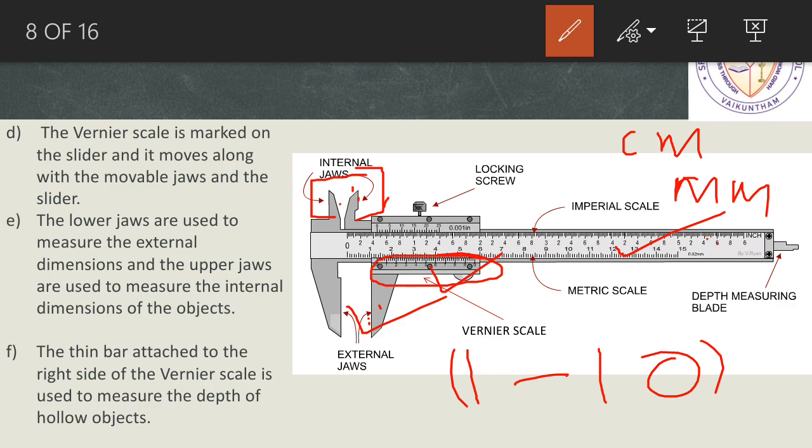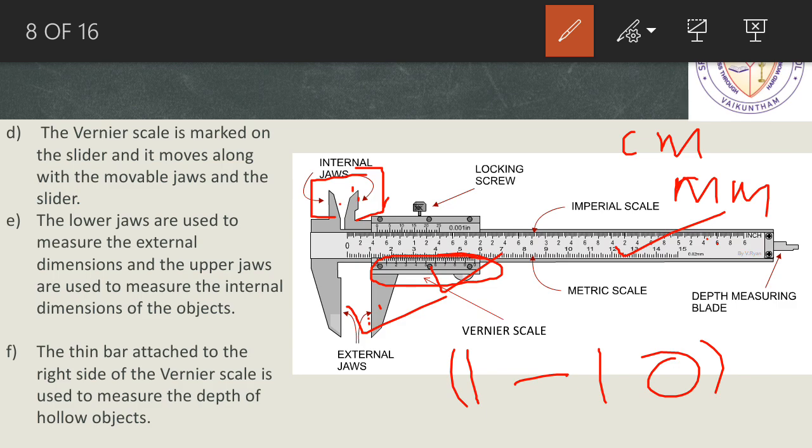So these two have different functions: the lower jaw for external dimensions, the upper jaw for internal dimensions of the object.